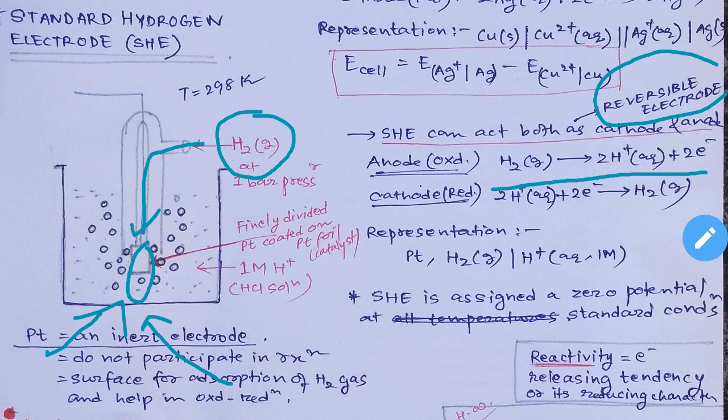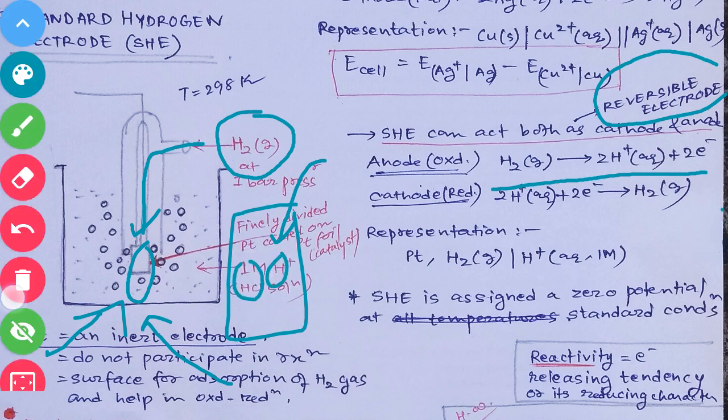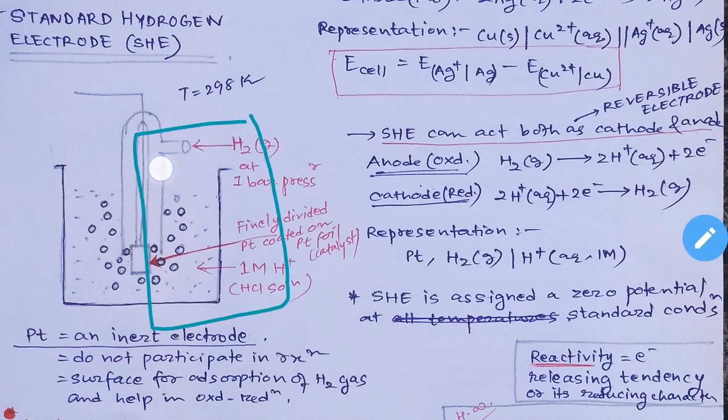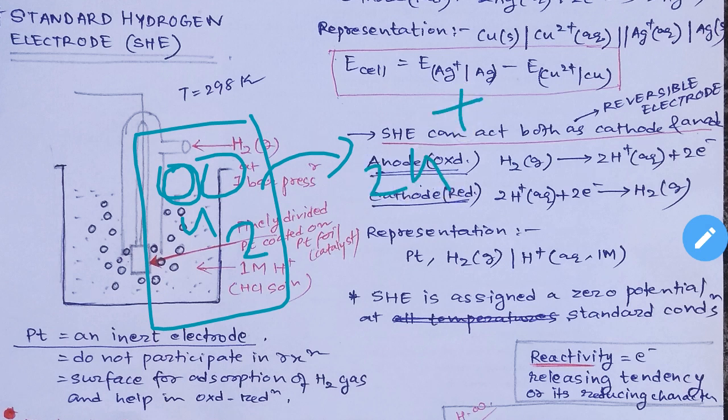And you can see that from this platinum surface the H2 molecule will change to the ion, 2H plus, giving out 2 electrons. So it will leave 2 electrons and change to the ionic form, that means 2H plus. Okay, and this thing will happen on this platinum surface. So it is giving its surface for the reaction to take place.